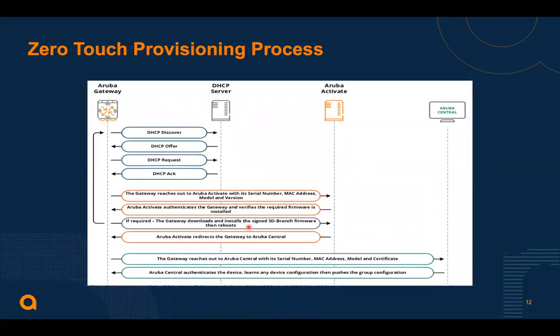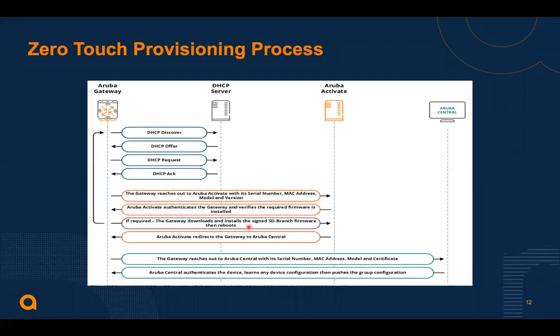So then we move on to zero touch provisioning. Say we have a new device, say a branch gateway, and we have a non-technical person at the branch site.